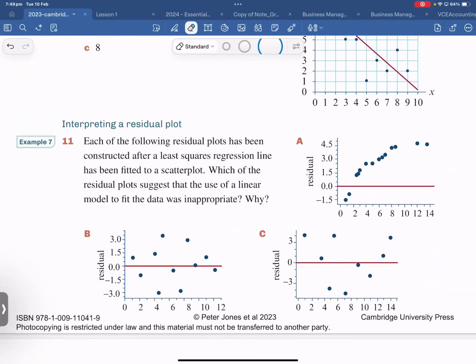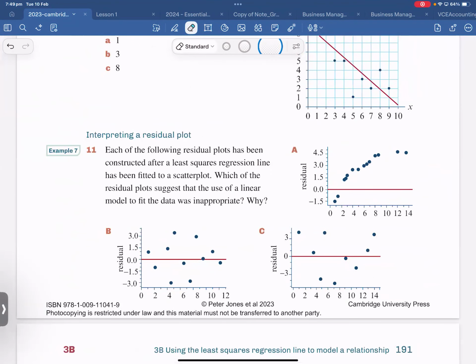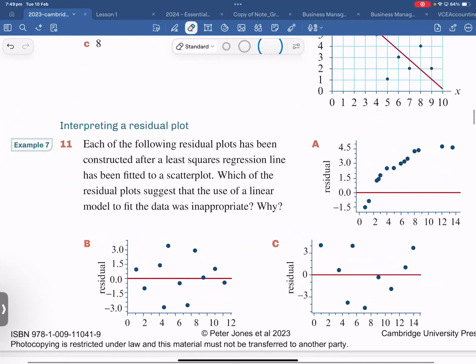Sorry, page number 191. You are done? Okay.